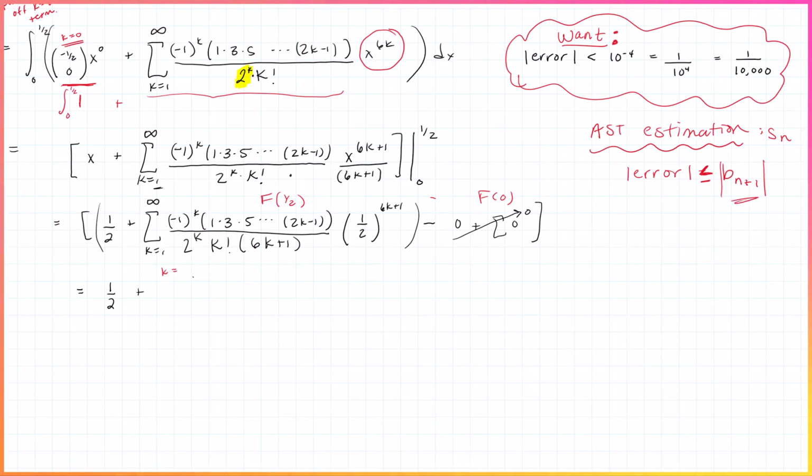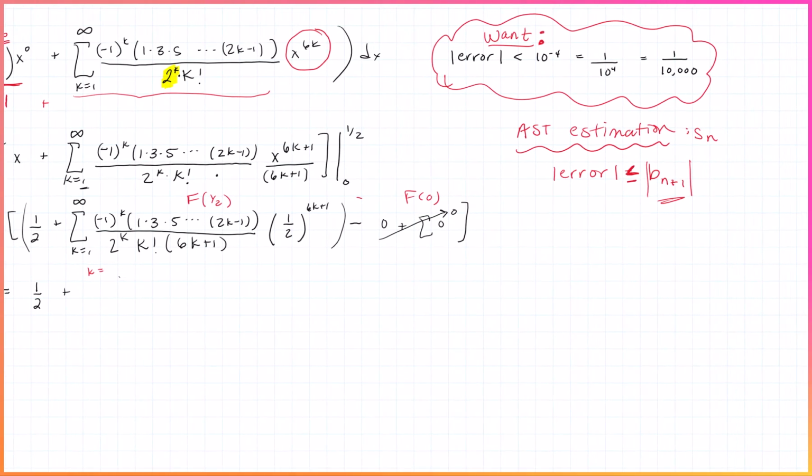So that makes it really nice, because we can just start adding up terms and see when our error is going to be less than. So we want to stop right before we get to a term that is less than 1/10,000.